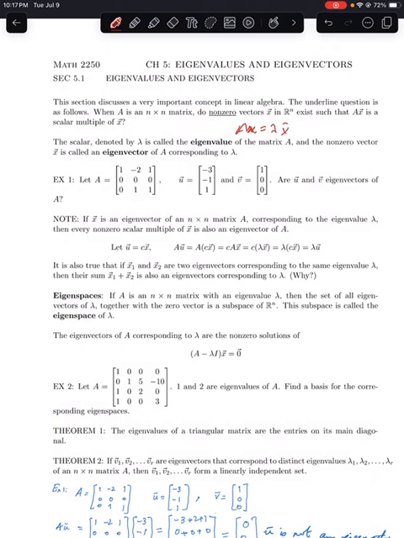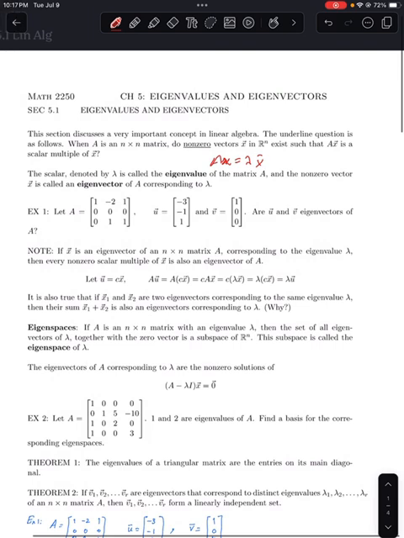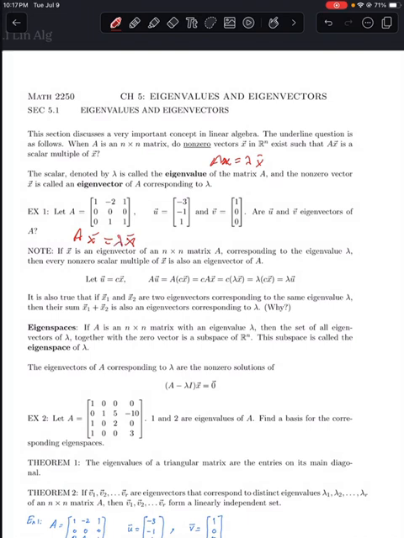Let A be this matrix, and u and v vectors are given. The question is, are u and v eigenvectors of the matrix A? An eigenvector, as I just mentioned, is a vector which satisfies this equation: when you multiply the vector with the matrix A, A times x, you get x but with a scalar outside.